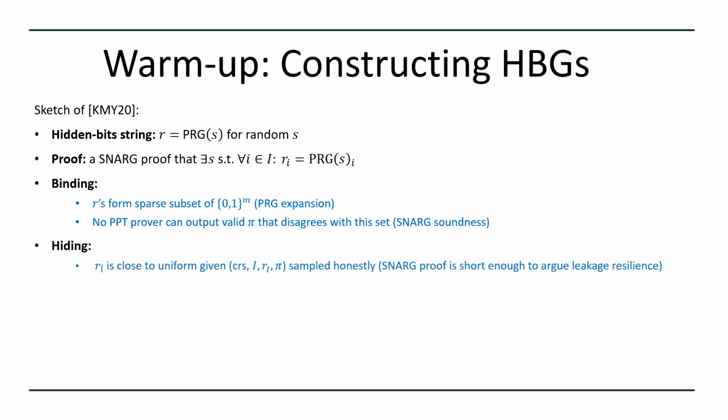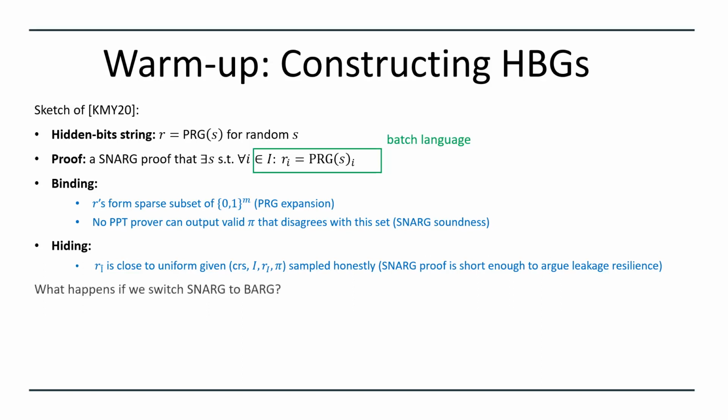And then to see hiding, basically the way we show that R_I complement is close to uniform is by treating the proof as leakage, which is going to be shorter than the seed, and then arguing leakage resilience to say that the PRG is still uniform, even with this leakage. And one more thing to note is that this language that is proved by the SNARG is already somewhat of a batch language.